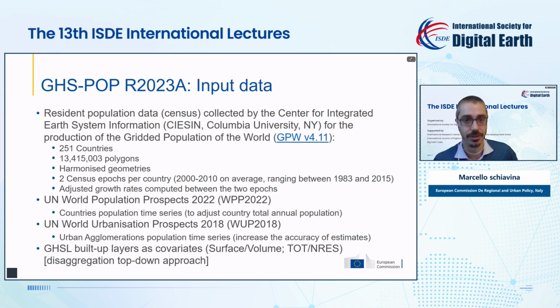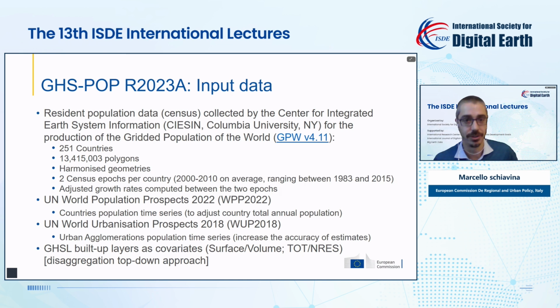This data covers the whole populated area of the globe, subdivided in 251 countries for more than 13 million polygons. CIESIN harmonized the geometries and provided us with two values of population counts per polygon from two separate census campaigns of the country, plus a derived annual growth rate from an exponential growth model.